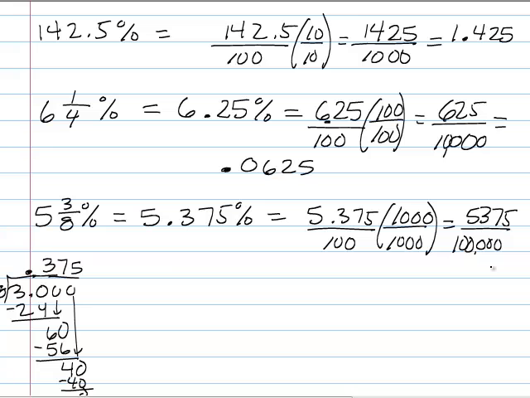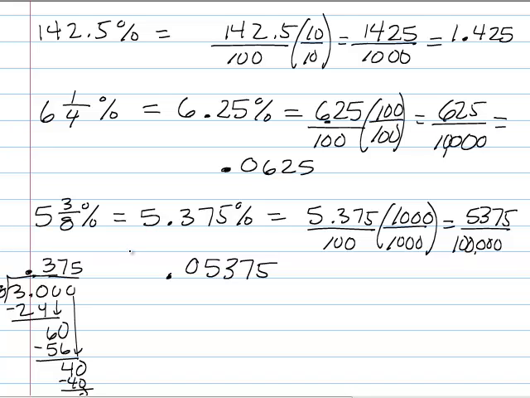So this is 100,000, which gives us 0.05375, or 5,375 hundred thousandths. Again, we move the decimal, or we remove the percent sign, and we move the decimal 2 places. Both of those together are equivalent actions.